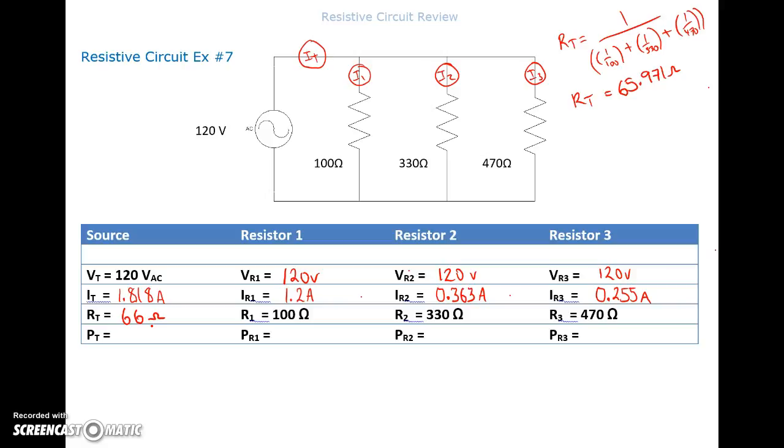So we'll start over at resistor 3. 120 times 0.255 gives me 30.6 watts. Then I got 120 for resistor 2 times 0.363. That gives me 43.56 watts.